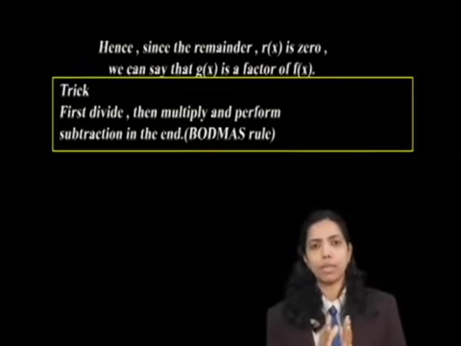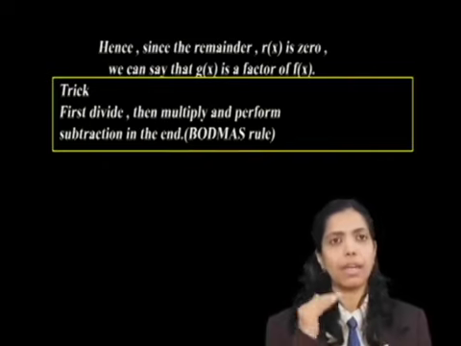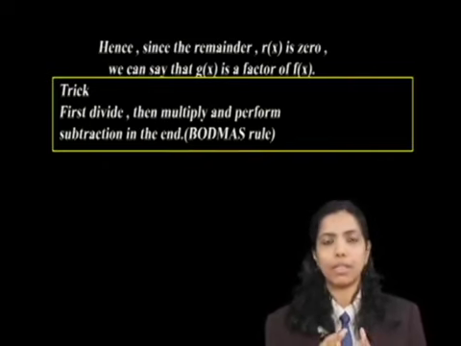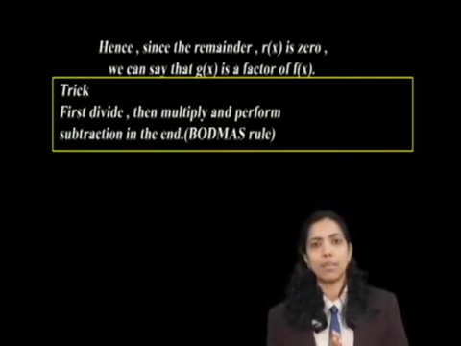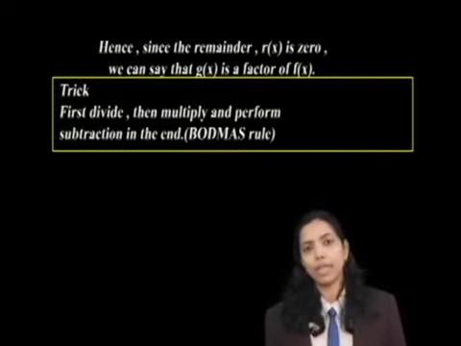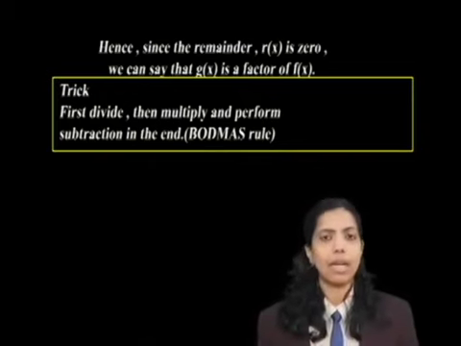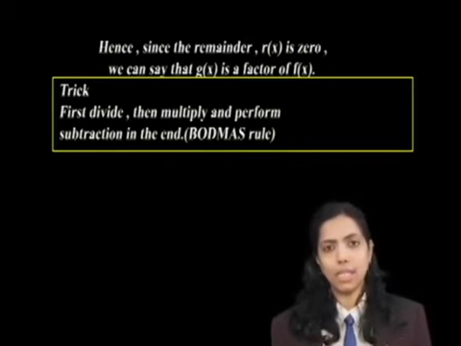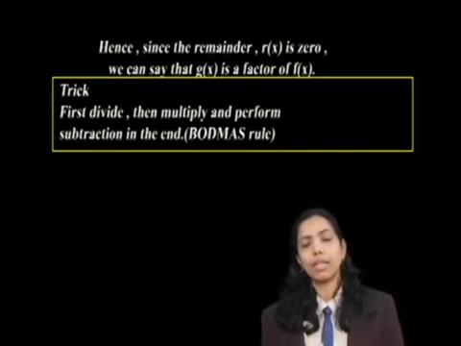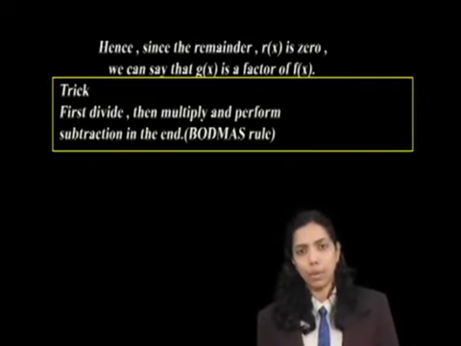Like that, for board marks, the division should come first, then multiplication second, in that order itself, and the next one is subtraction. Till where we have to carry the subtraction? Go on until we get either the remainder polynomial as 0 or the degree of the remainder polynomial less than the degree of the divisor polynomial.